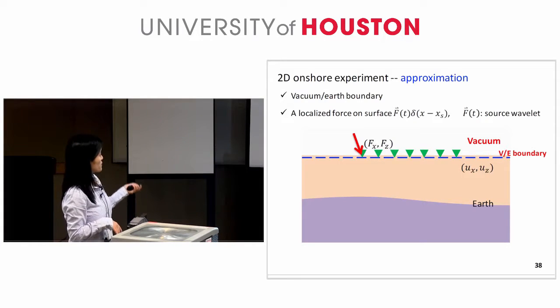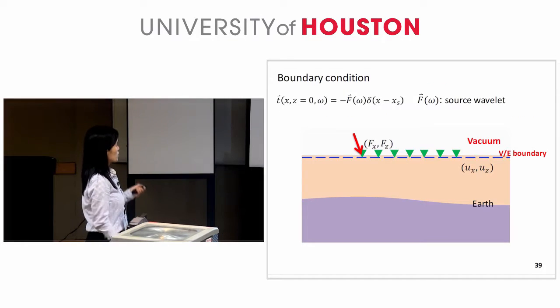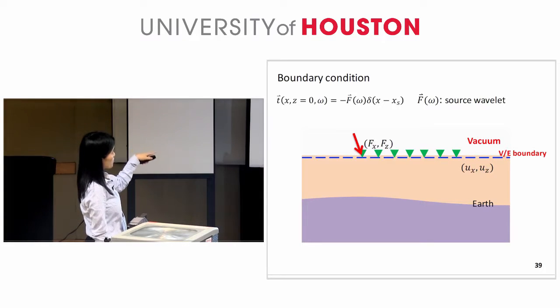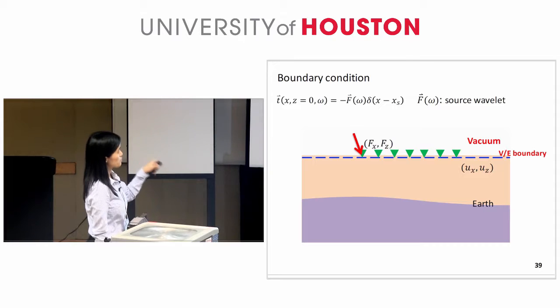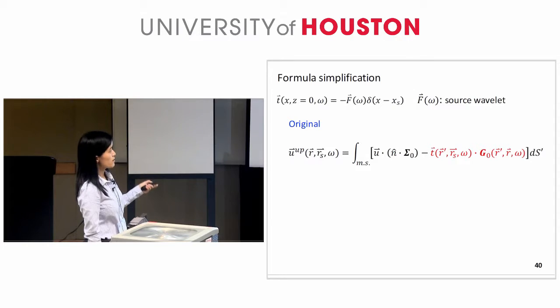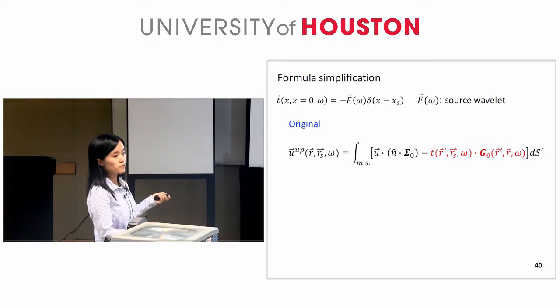Now, since the receivers are right beneath the boundary, the boundary condition says that along the acquisition surface, the traction equals minus f times a spatial delta function. Here we express that in the frequency domain, then we can directly substitute this formula into the original algorithm we showed earlier. There are two separate integrals here, performed in the space-frequency domain.